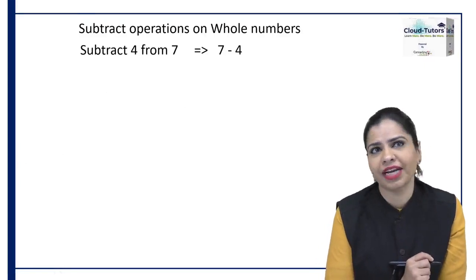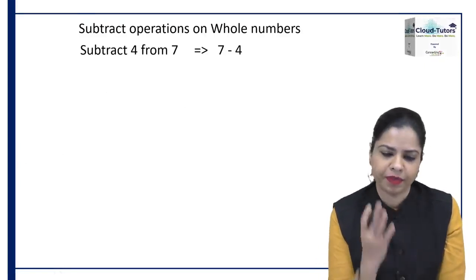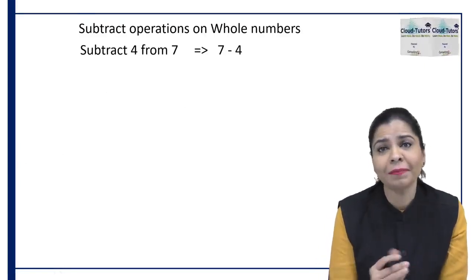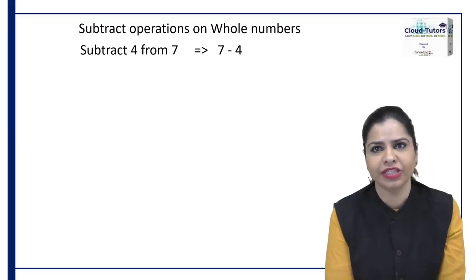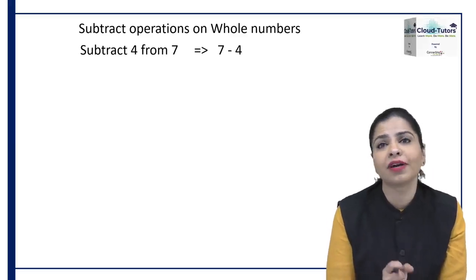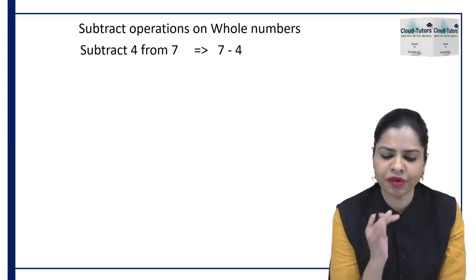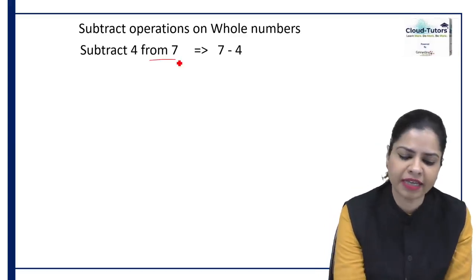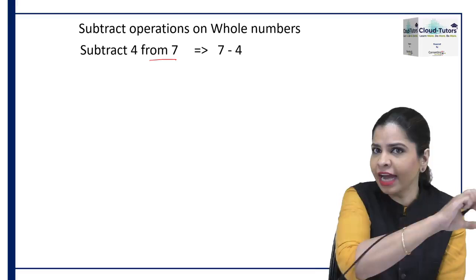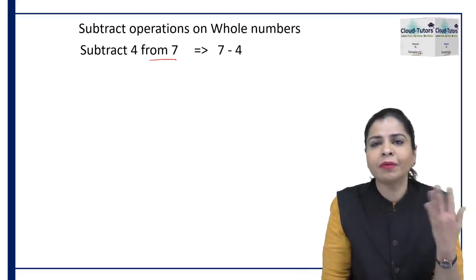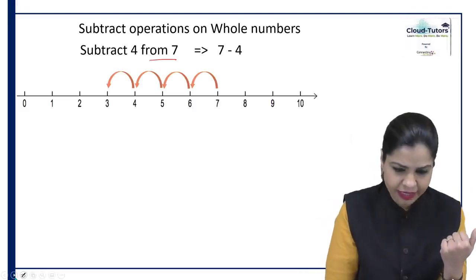Now, let's see how subtraction happens with whole numbers, and then we'll proceed to the integers. Subtract 4 from 7. From 7, I have to remove 4. So 7 minus 4 is 3, correct?